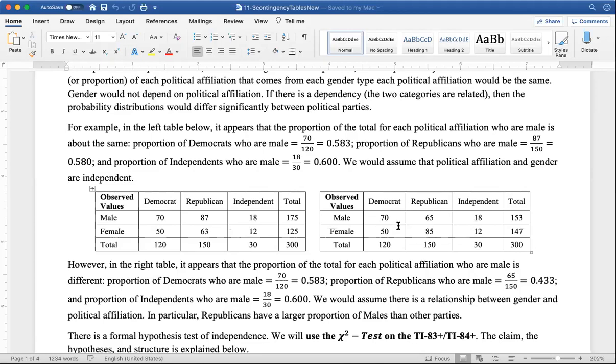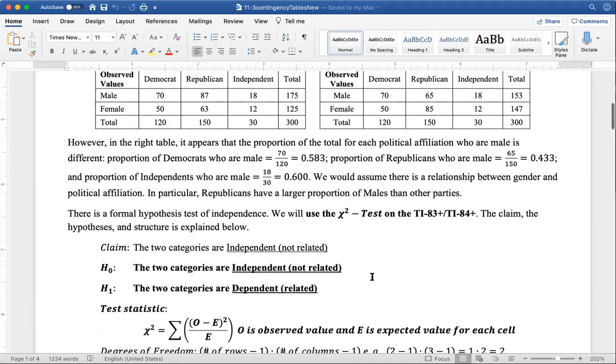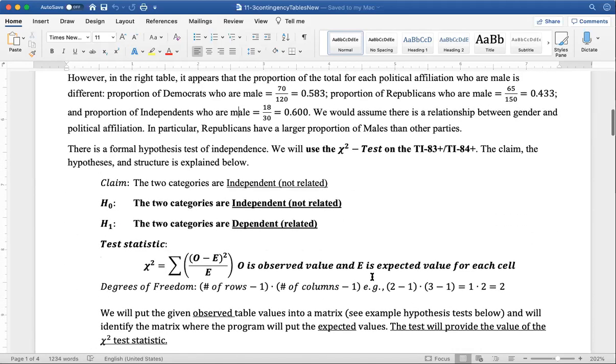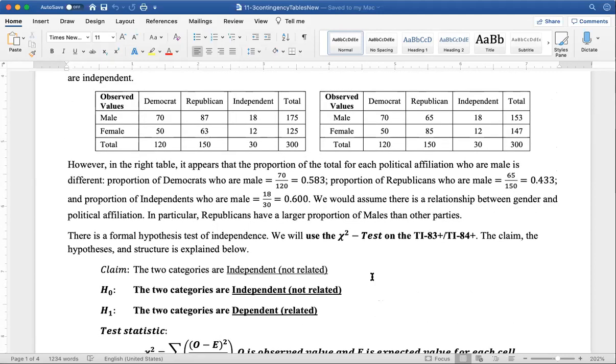But now what we're going to have to do is formalize a hypothesis test that we can use to make decisions about whether we think they are independent or not. The structure of our hypothesis test is called a chi-squared test, and we're going to be using the chi-squared test on the calculator.